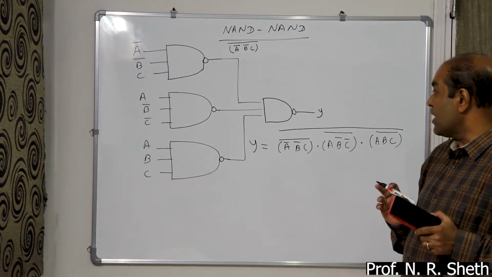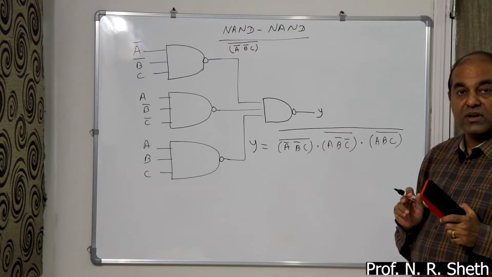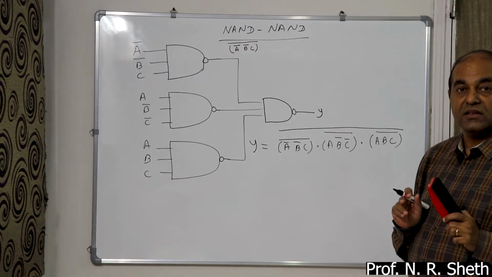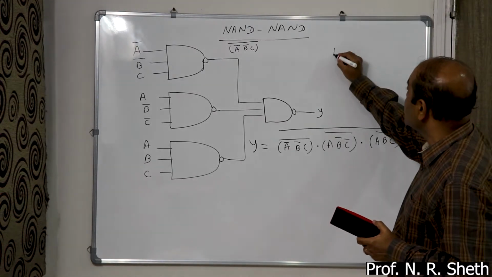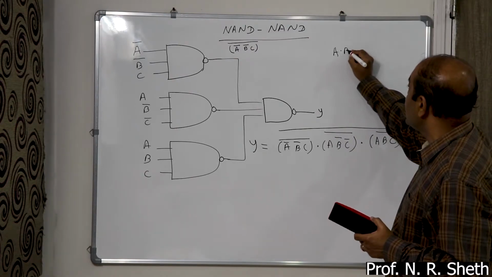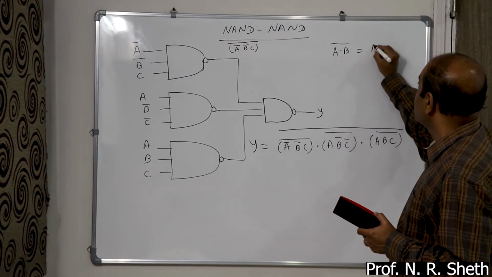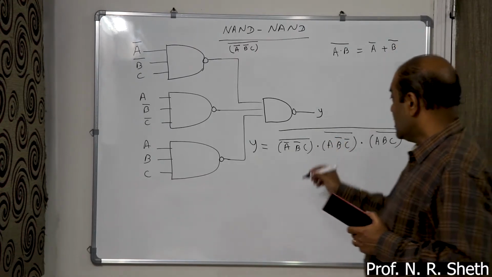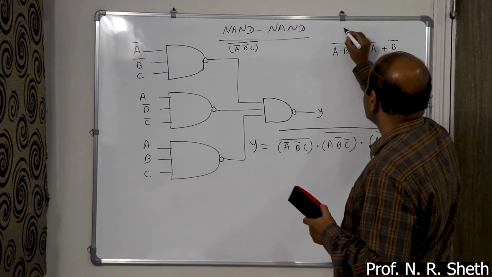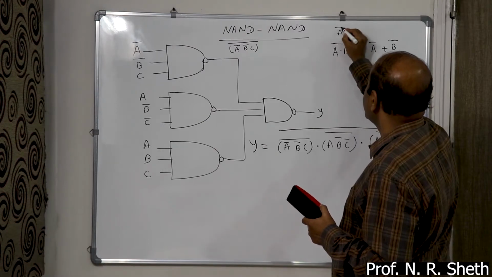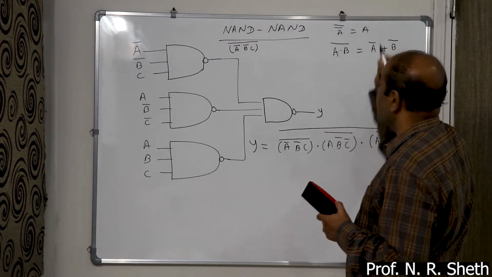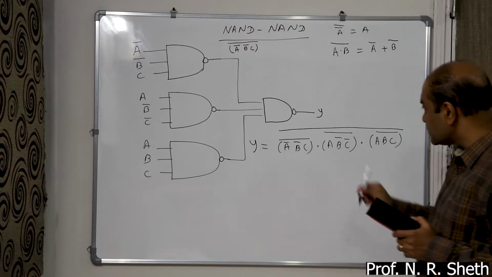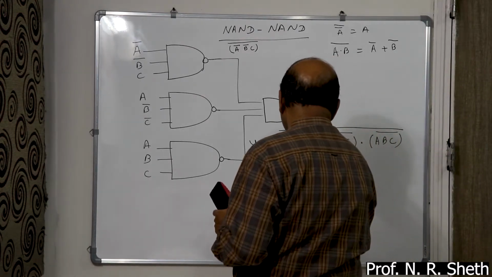Now here you have to apply De Morgan's second theorem. De Morgan's second theorem suggests that A dot B whole over bar equals A bar plus B bar. And the double inversion rule: A double bar is A itself. These two rules you have to apply. Now what happened here?